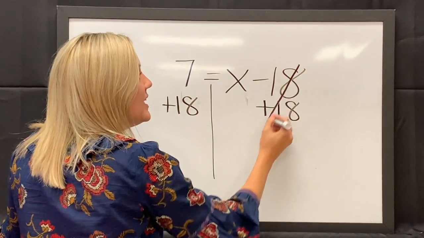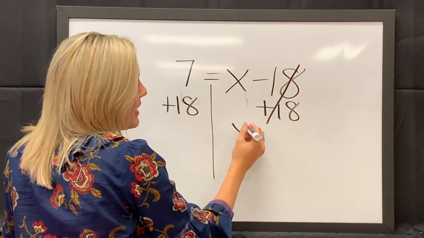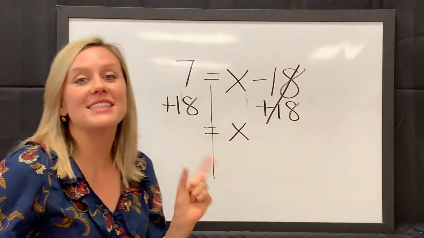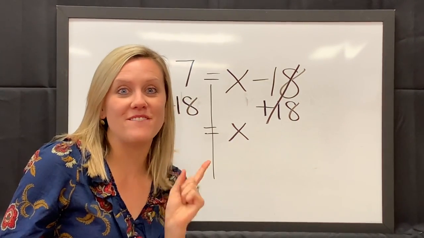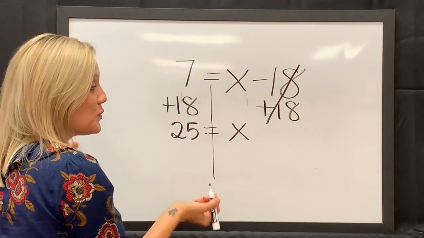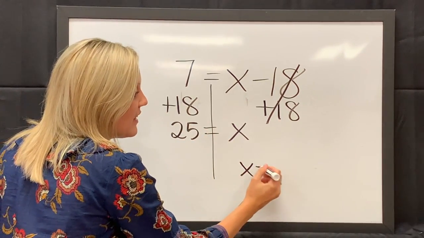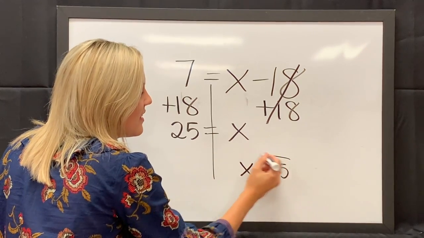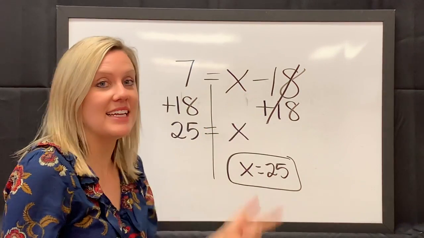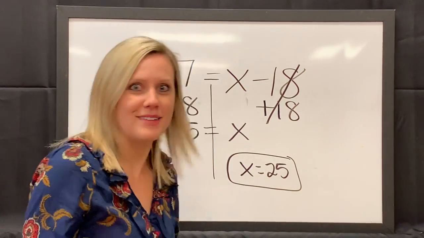These ones will cancel, and I am just going to be left with x, which is the goal. And then 7 plus 18 is 25, okay? x equals 25. We can also write it like this. Okay, and then is 25 minus 18, 7? Yeah, let's do another.